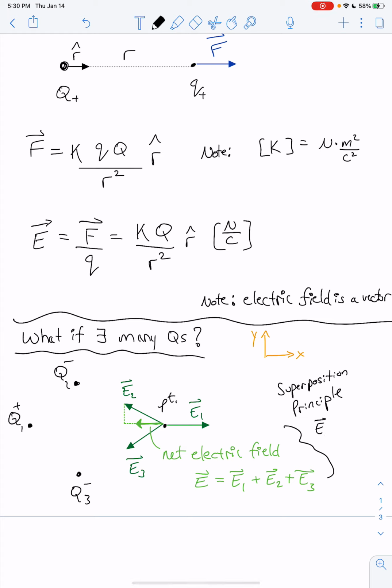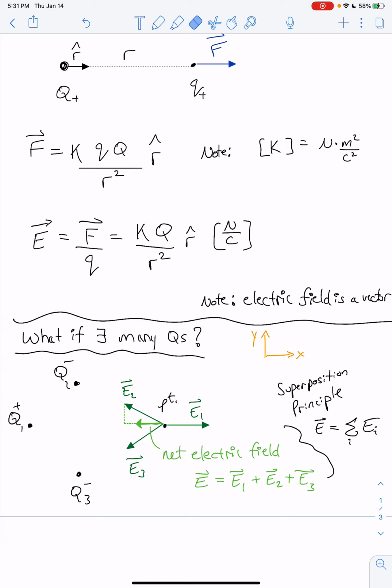So if you want to know the overall electric field, you're just going to add up all of the electric fields. Okay, and so if you're looking for the resulting force, you can add up the force contributions from each of the three individually, or just go straight from the net field to the resulting force. Okay, so that's electric fields.